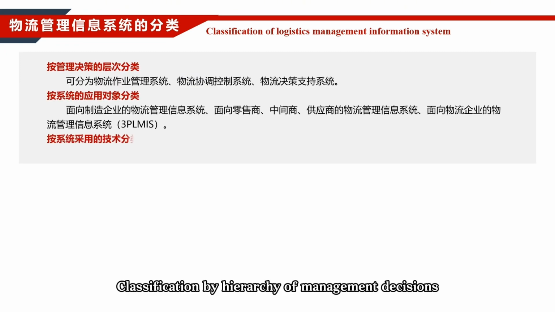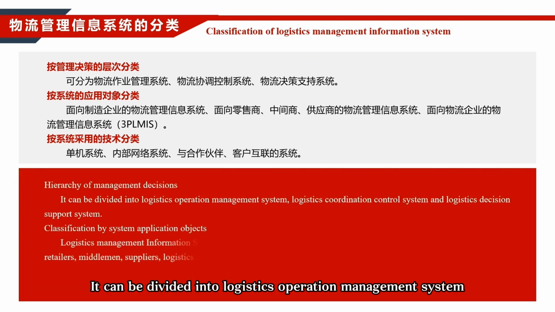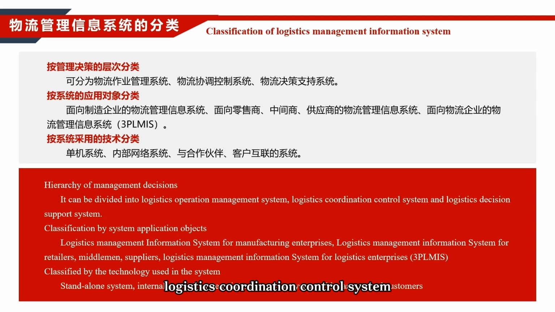Classification by hierarchy of management decisions. It can be divided into Logistics Operation Management System, Logistics Coordination Control System, and Logistics Decision Support System. Classification by system application objects. Logistics Management Information System for manufacturing enterprises, for retailers, middlemen, suppliers.